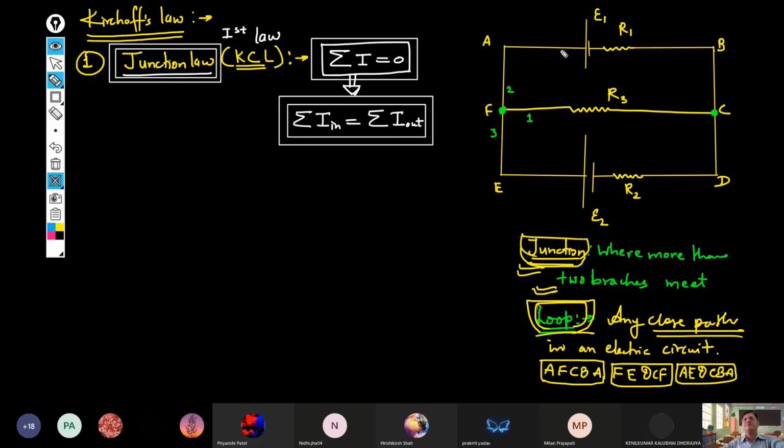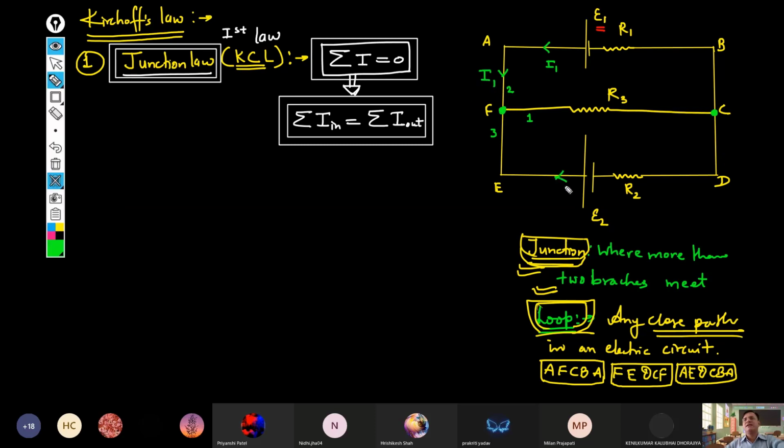Now let me tell you how. Suppose I talk about this first cell. From the first cell, let's say I1 current is coming out. So at junction F, I1 current is entering.